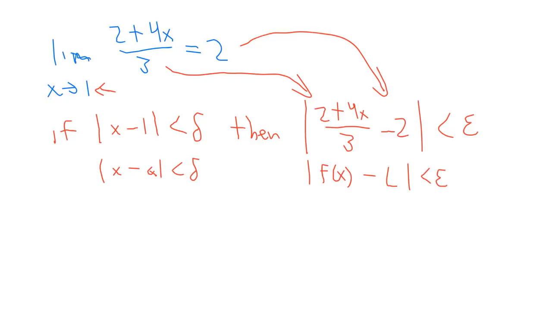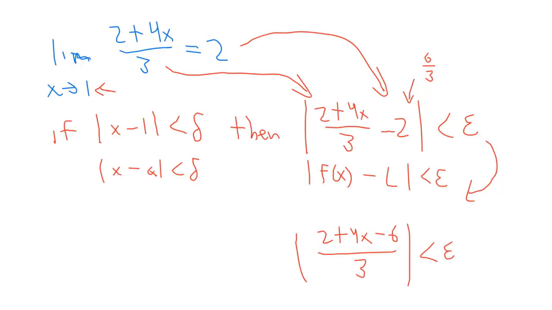And what you do with this is you take this epsilon equation and you try to break it down. First you would combine like fractions. So you would turn the 2 into 6 over 3, because 6 over 3 is 2. And you would get (2 plus 4x minus 6) all over 3 is less than epsilon.